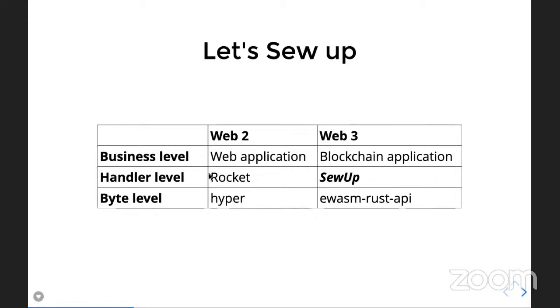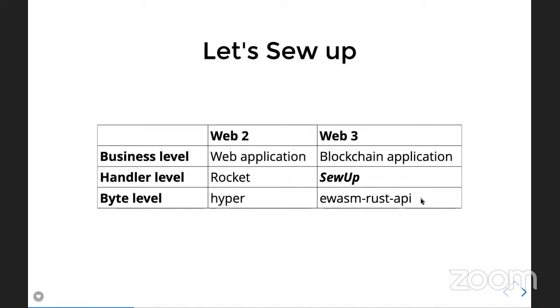And we have Rocket, Actix Web, Nickel and a bunch of other frameworks to help people build web applications in Rust. But in Web3, we have the eWASM Rust API.